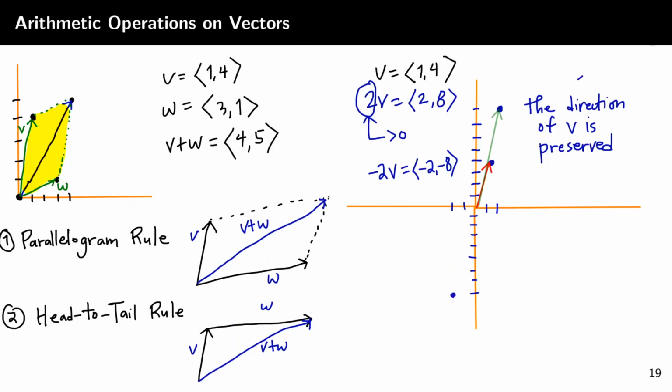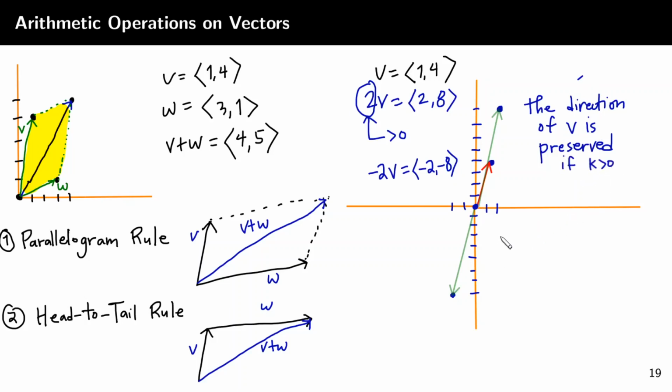And then the arrow. Okay. So, what do you notice here? Okay. So, ang nangyari, so yung vector natin, na doble yung magnitude niya, pero yung direction niya ay bumaliktad. So, the direction of V is preserved if K is positive.